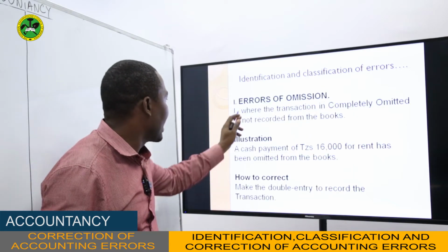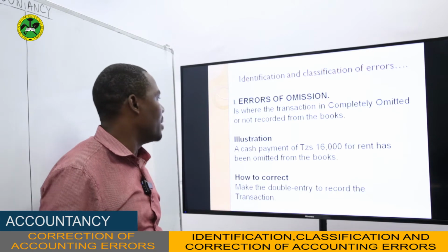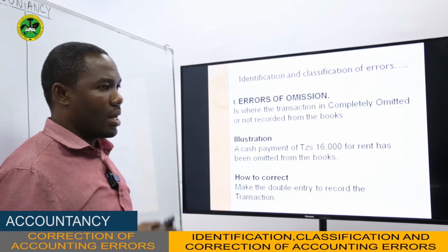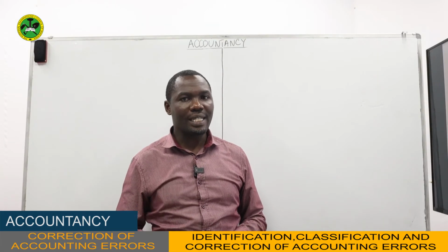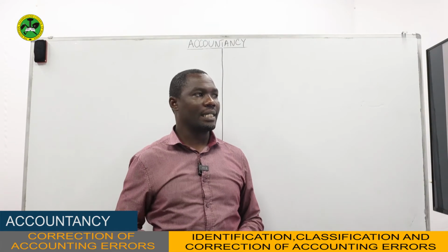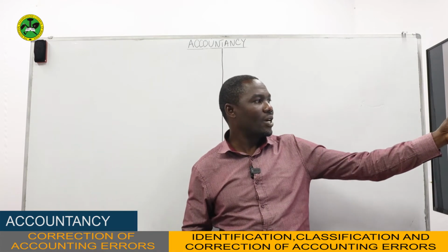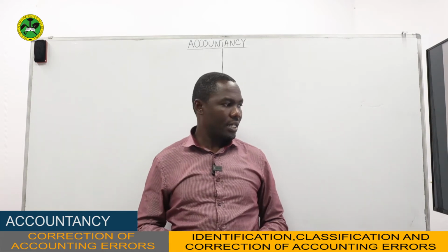Let's start with errors of omission. Errors of omission happen when a transaction is completely omitted or not recorded in the books.